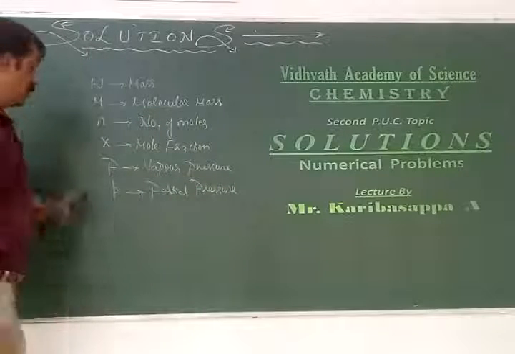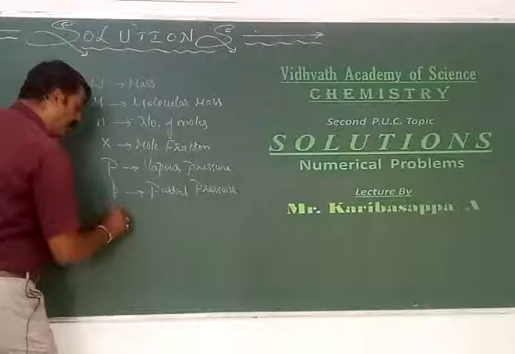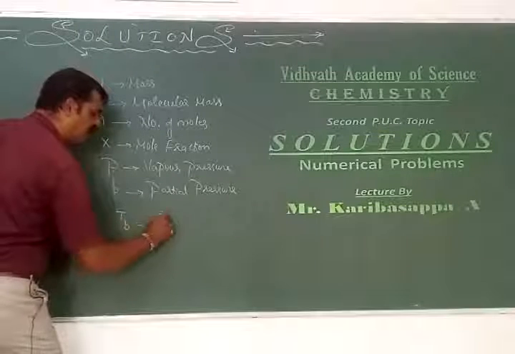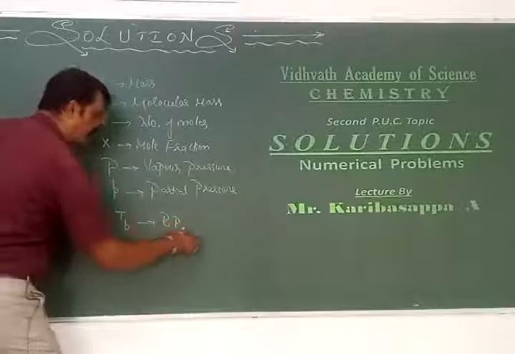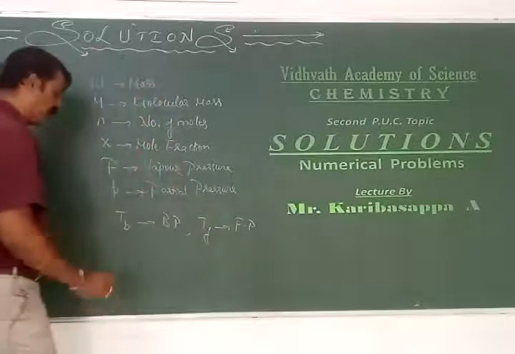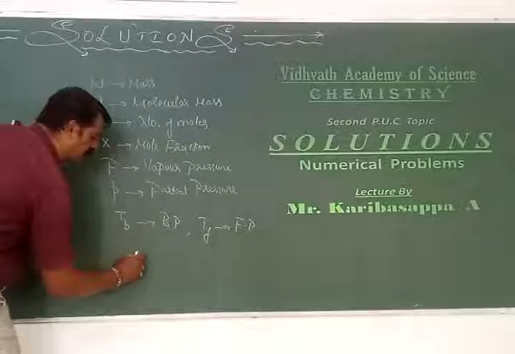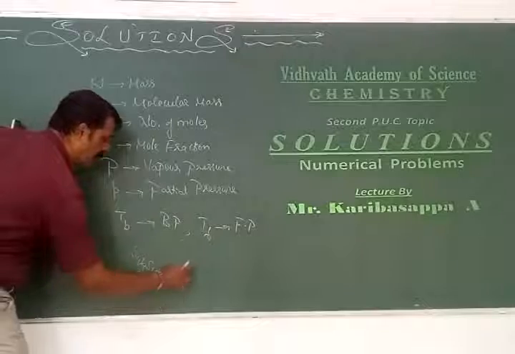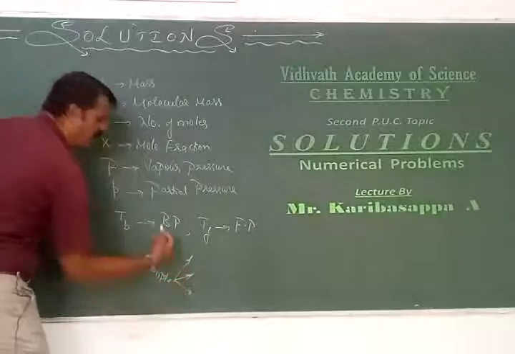TB refers to boiling point. If it is TF, it refers to freezing point. We can have three different subscripts.